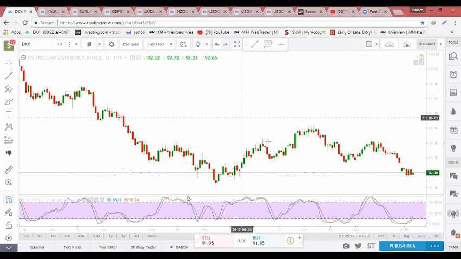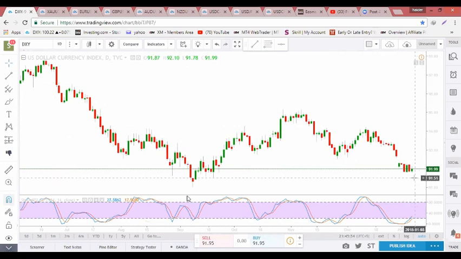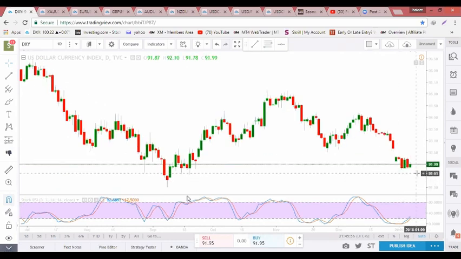So here you can see the daily chart of the dollar index. It's been a very harsh couple of days for the dollar. It's sliding all the way. Today it just did a little better, and I can assume that from next week the dollar will start going up. So keep a very good eye on that.